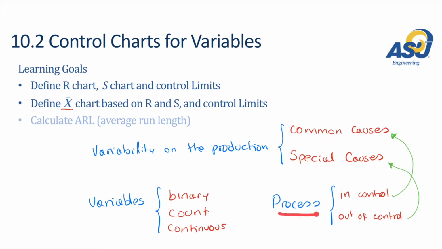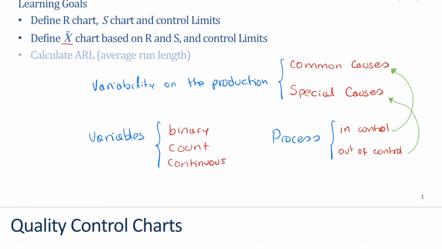And we said that the process is out of control if there are special causes. We use the chart to identify if there is any special cause that needs to be addressed. Remember that the variables are binary, count, or continuous, but in this couple of videos we are concentrated just on the continuous variables.